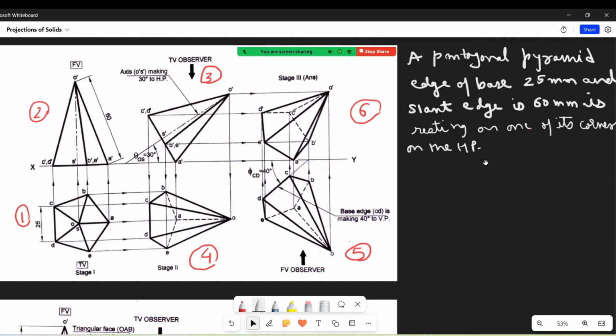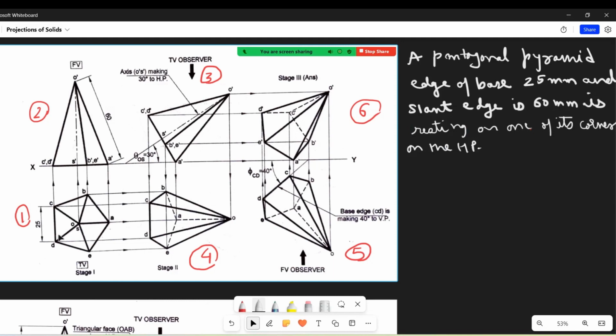So what will we add? We will add "resting on one of its corner on the HP such that the edge which is opposite to the corner is perpendicular to the VP."